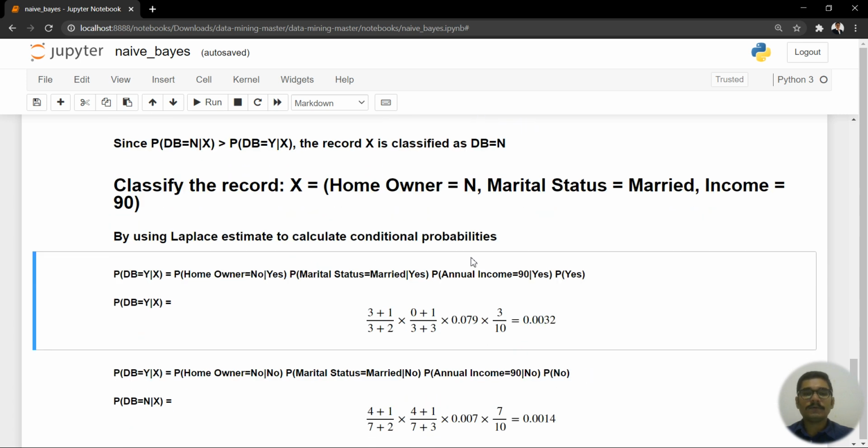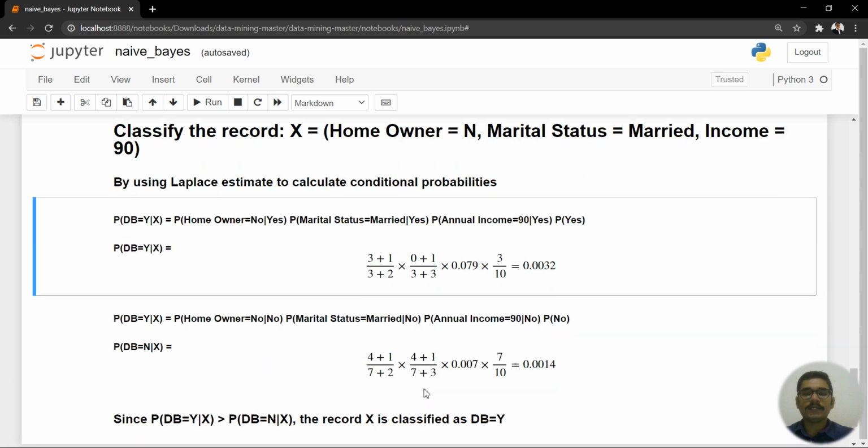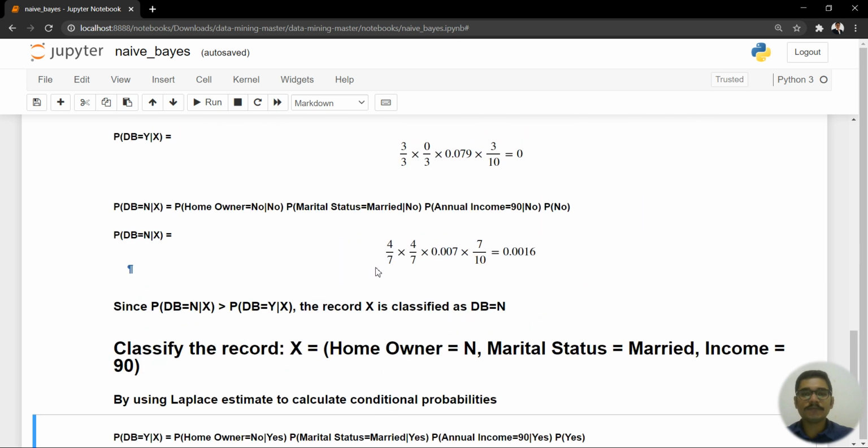Once you have done it for the yes class, you have to treat the no class also. Even though there is no zero probability, you still have to do it. It's not that you do it only for the class that has a zero probability. You treat both classes. In the similar case, 4 by 7 was the original.